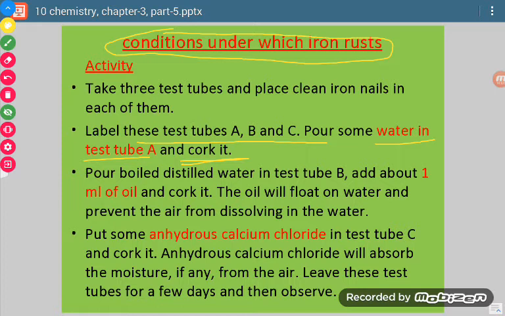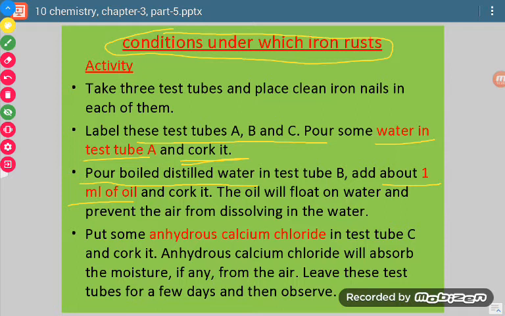Now in the second test tube where nails are there, we will add 1 ml of oil and then we will add boiled distilled water. Boiled distilled water is taken so as to drive oxygen out of the water. Sometimes, because of atmospheric pressure, there is a little amount of oxygen present as dissolved oxygen in water.